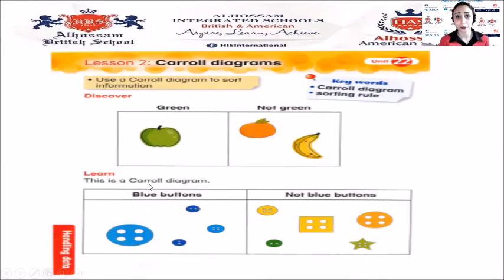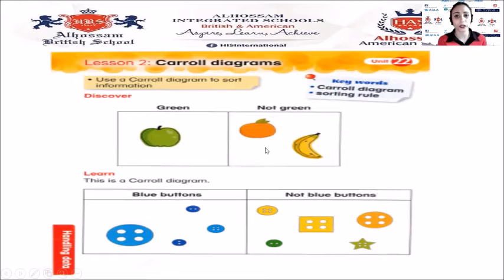Here, we are going to sort them according to color: green things and not green things. If it's green, like this green apple, I take it and put it in our table under green things.